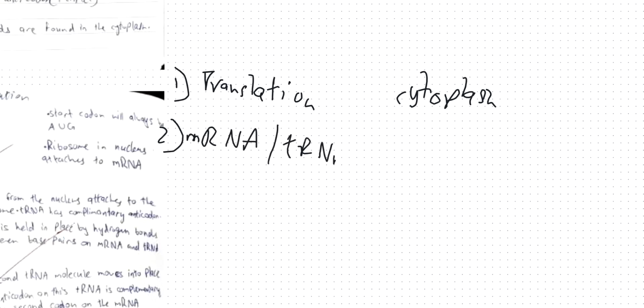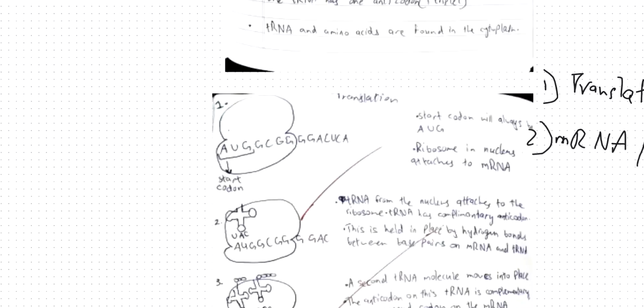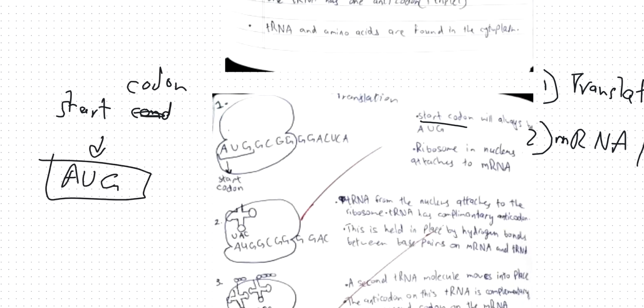So this mRNA will have a start codon, and remember that start codon will always be AUG. This is the start codon. AUG is always the start codon, and the start codon will always start the translation.